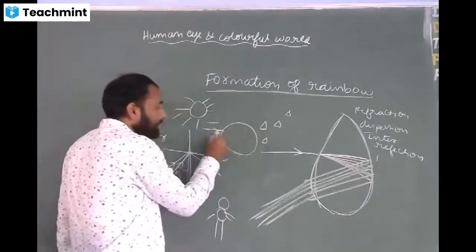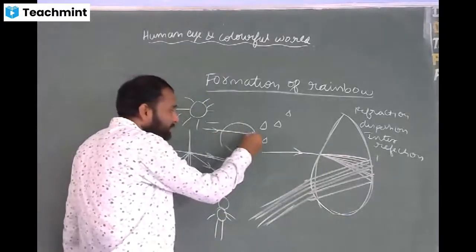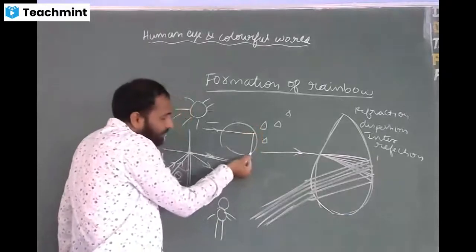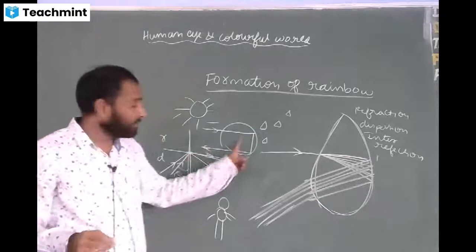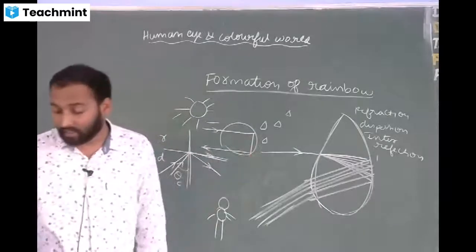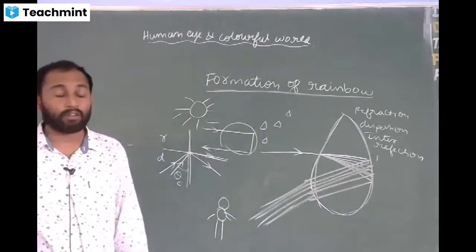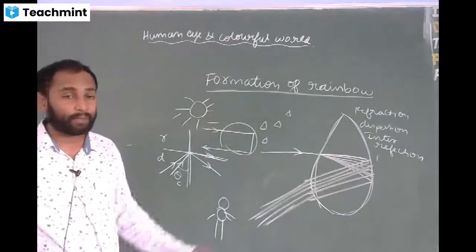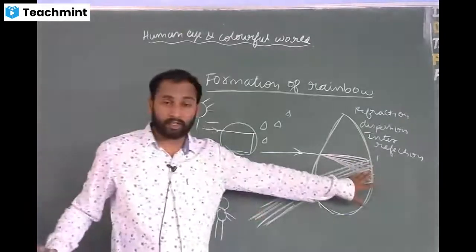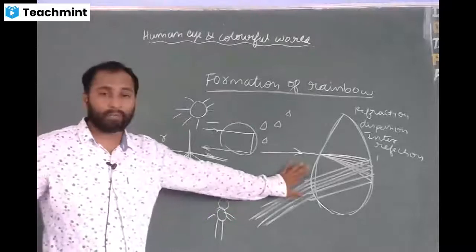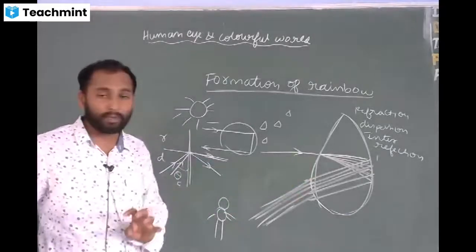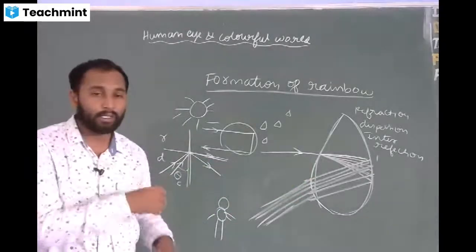First light will enter, then it will hit this, reflect back, and again from here reflect back. In the primary rainbow, internal reflection takes place only once. Just know the primary rainbow. So this is about the formation of a rainbow.